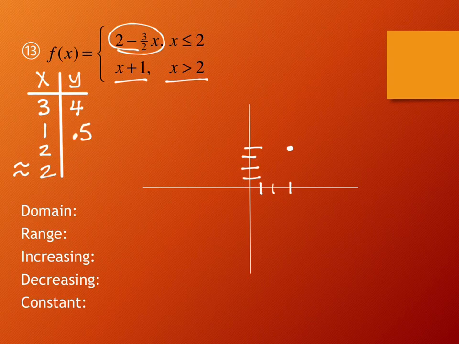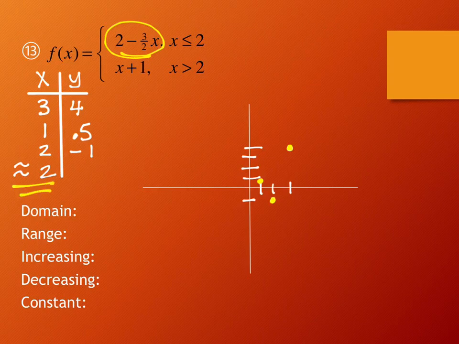So at 1, I'm at 0.5. If I pick 2, which equation am I in, top or bottom? Yeah, I'm in the top one. And if I plug 2 in here, I will actually get the number, what? -1 is right. So 2, -1 is actually on my graph.